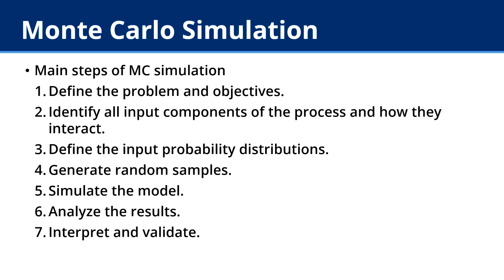What are some of the coupling behaviors? And then you have to create the input probability distributions. This usually is based on past historical data. And then you generate a set of random samples or random values for your inputs, and you run your simulation, okay? And then you analyze results, and then you interpret and validate.